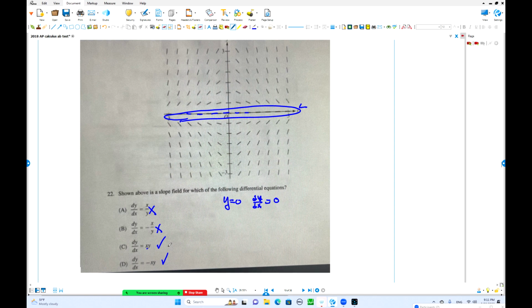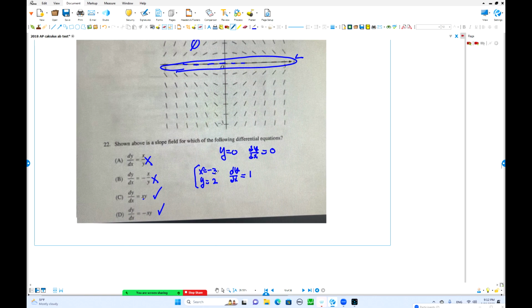So using this, you can try the next one, any point. I'm going to use this point, where x equals negative 3 and y equals 2. At this point, the slope of the tangent line is positive, around 1. Check it out. Put in x is negative 3 and y is 2: that gives about negative 6.